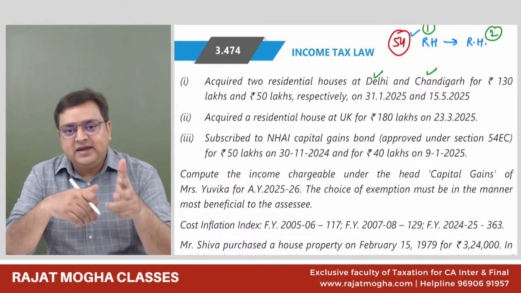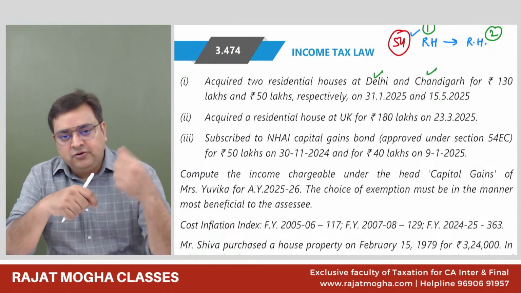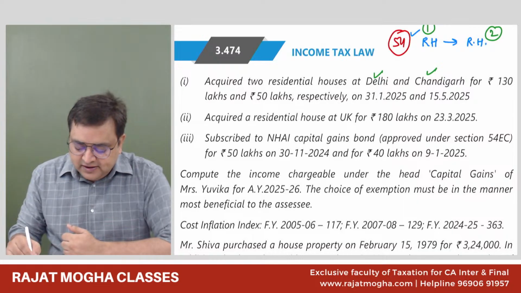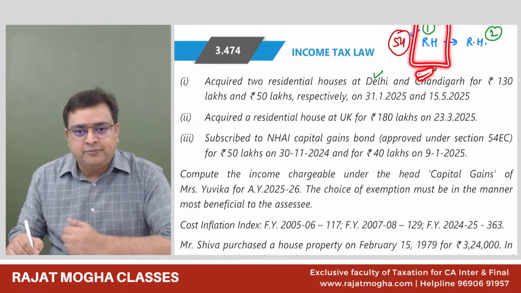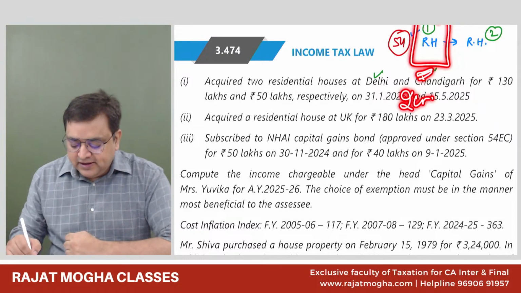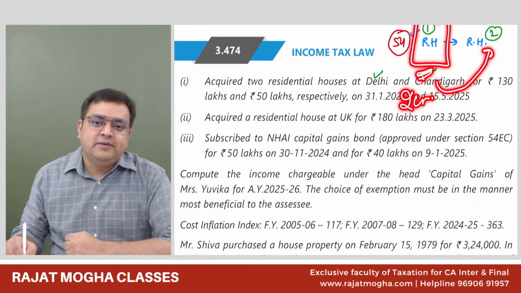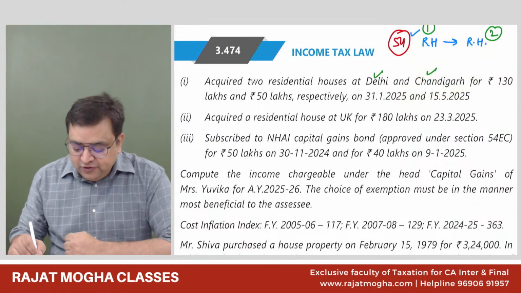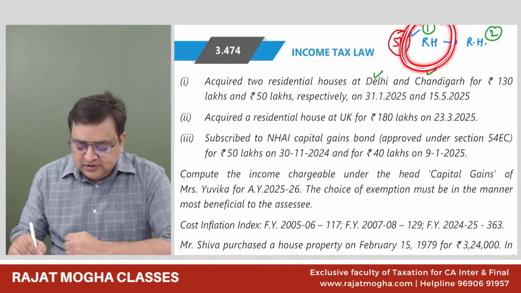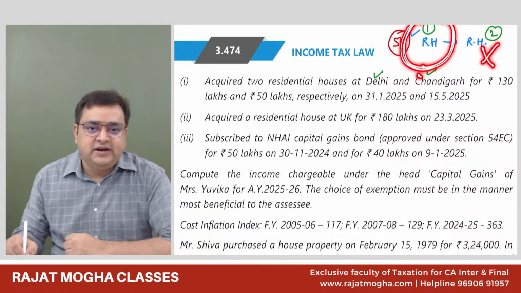And the second condition is that if the gross capital gain on this property is up to 2 crores only, then only you have the facility to purchase 2 houses. But if your capital gain on this house is more than 2 crores, then you will not get this facility.